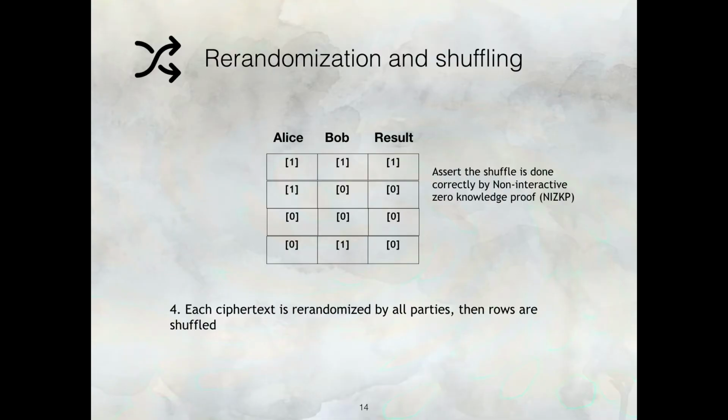So at this step, each trustee has to prove that he or she has done this step correctly, like the re-randomization, to the other trustees by using zero-knowledge proof. So here we have non-interactive zero-knowledge proofs, which is a different type of zero-knowledge proof, which means that, again, there is no interaction between the trustees, like exchanging data, and this also adds to the efficiency of our system.